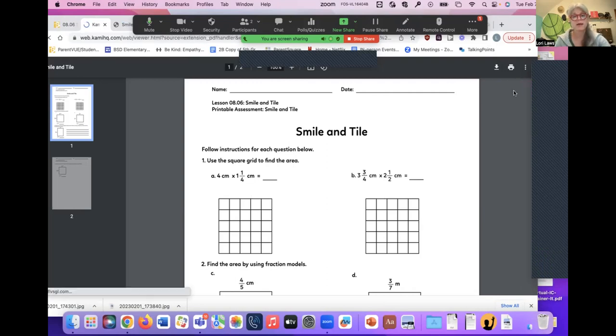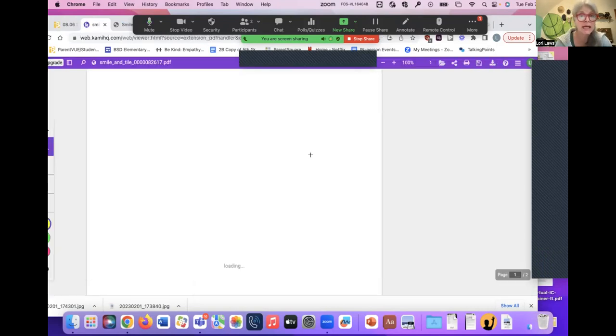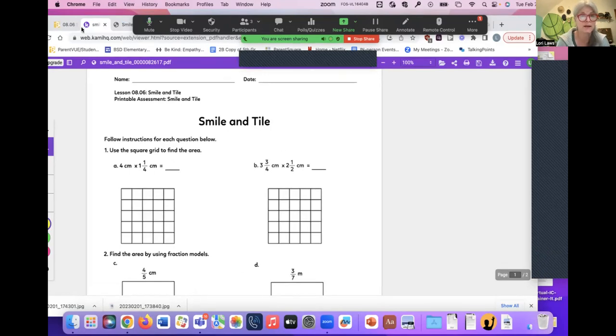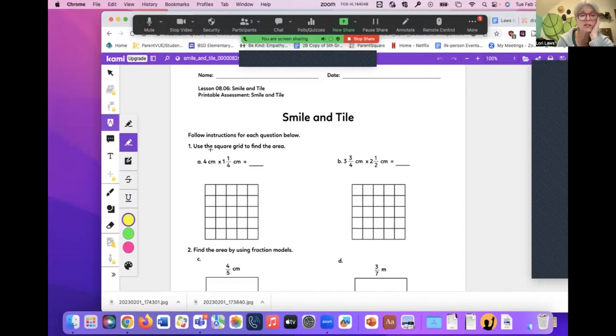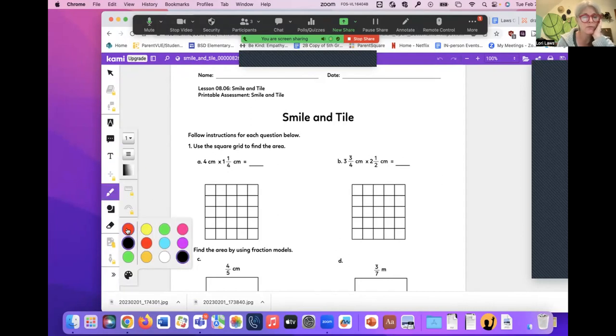I'm going to open this with Cami and demonstrate one example of how I would fill this in. So with my Cami right now, I need to use my square grid to find the area. I need to color in 4 centimeters one way and then 1 1/4 the other way. Okay. So first of all, I'm going to color in my 4 centimeters with little lines. I'll make them red.